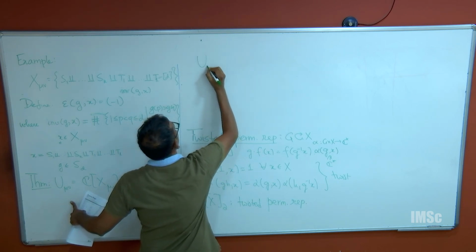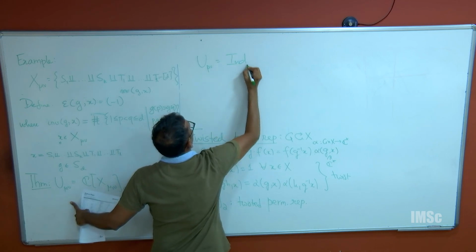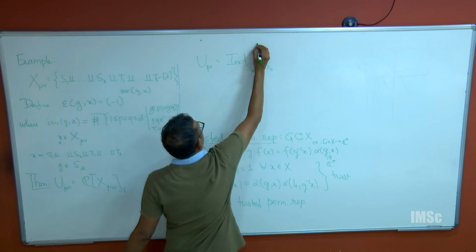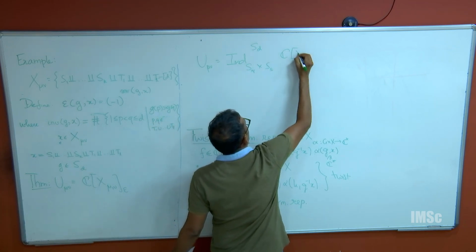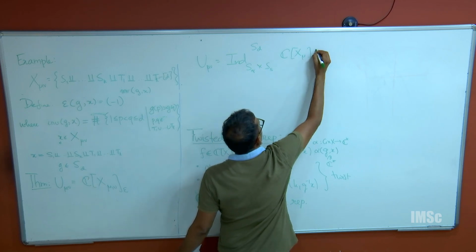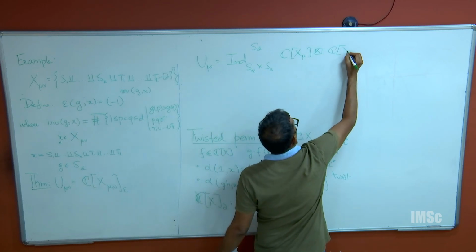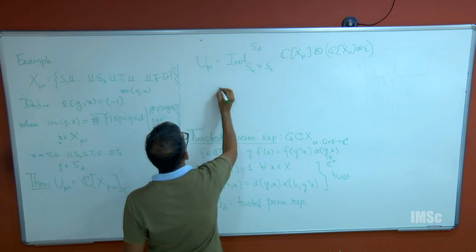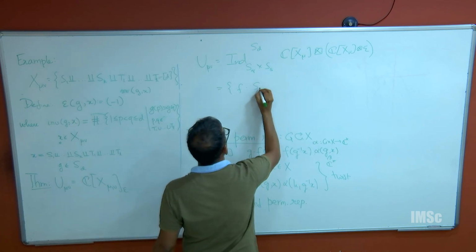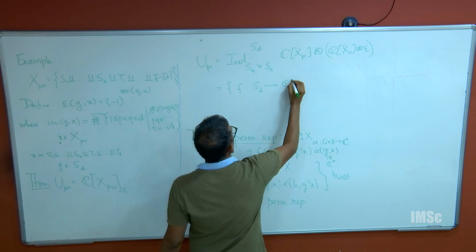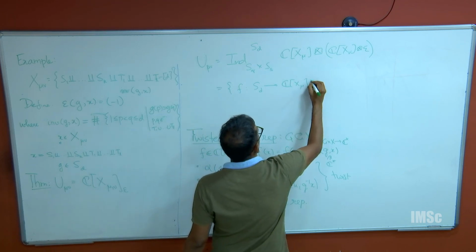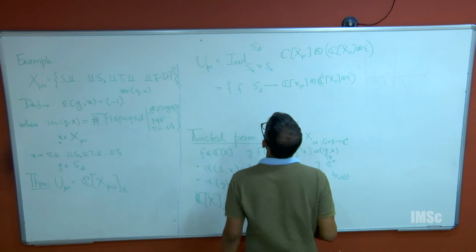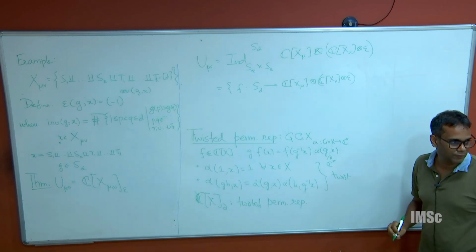So this U mu nu is Ind from SK cross SL cross SD to SD of CX mu tensor CX nu tensor sign, and this you can think of as functions from SD to CX mu tensor CX nu tensor sign, which transform under SK cross SL in a certain way.